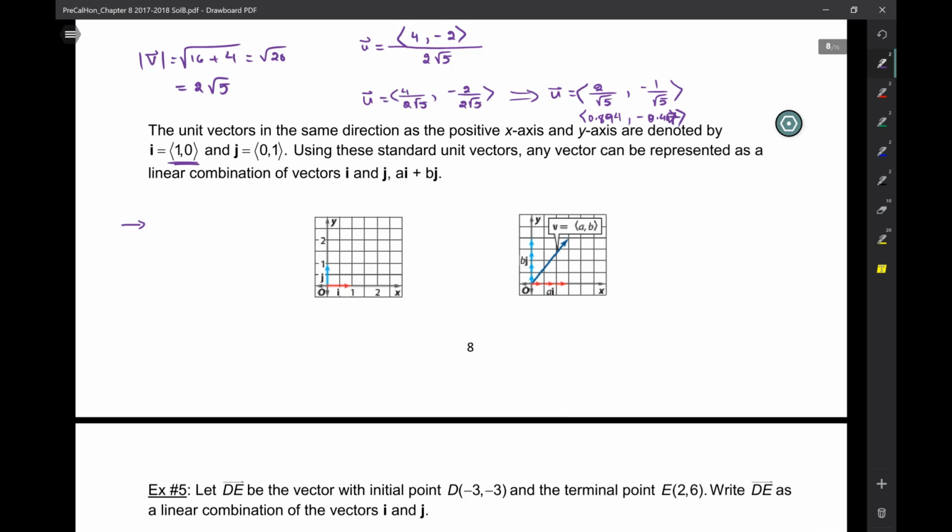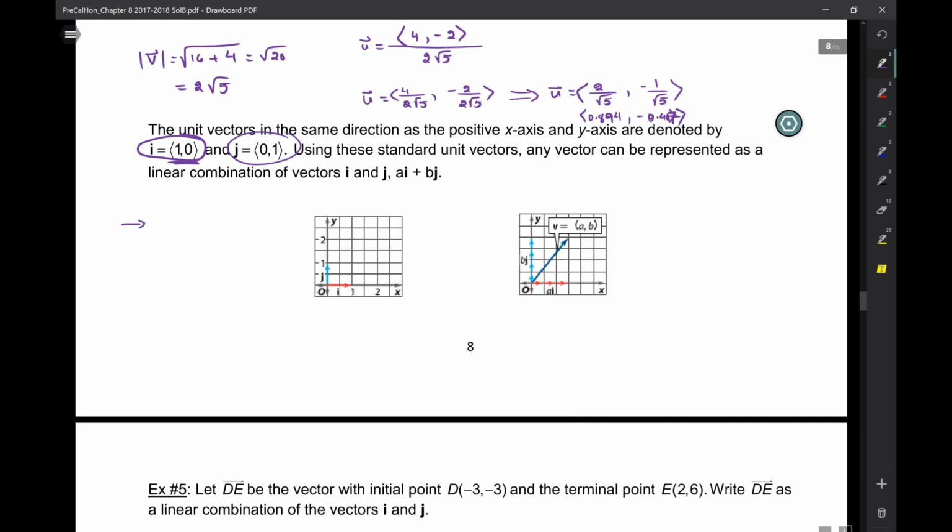The horizontal unit vectors have a special name called I. And the vertical unit vectors are J, and their component form is 0, 1. When you write I and J as unit vectors, they have a special notation: I hat and J hat. That's the notation for a unit vector.